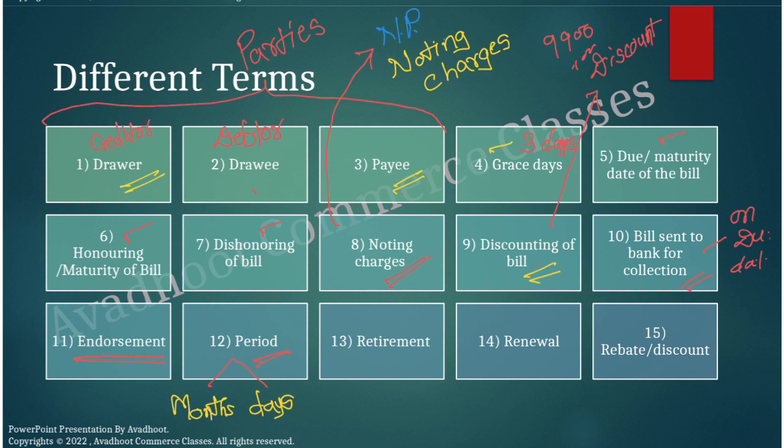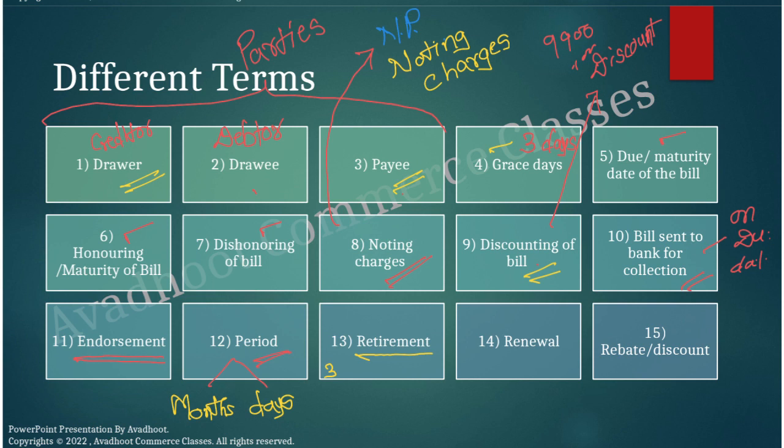Now, here comes retirement. Retirement means what? Suppose the bill is for 3 months, and after 1 or 2 months, before the due date of the bill, the drawee finds that he can make the payment of the bill earlier. That is called retirement. Making the payment of the bill prior to the due date is called retirement of bill.